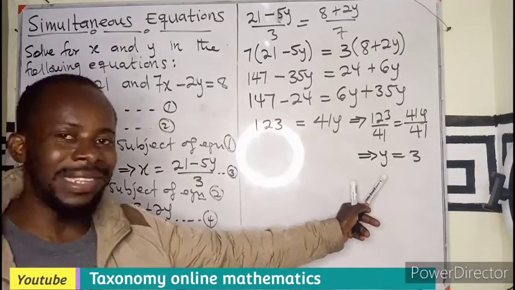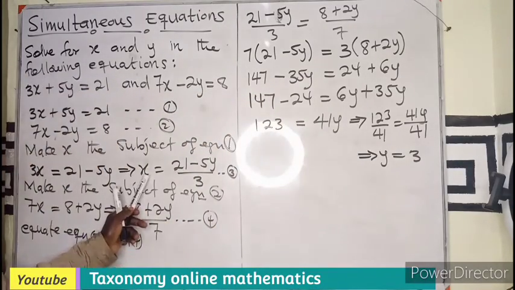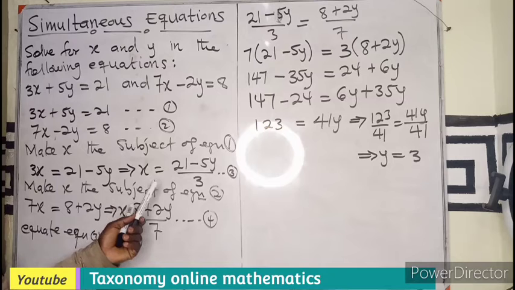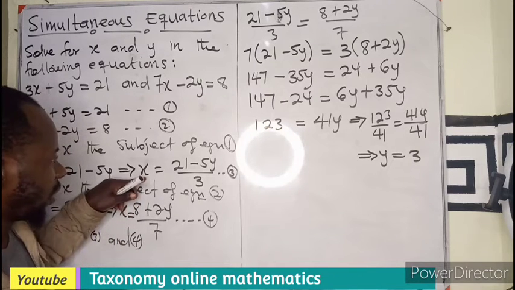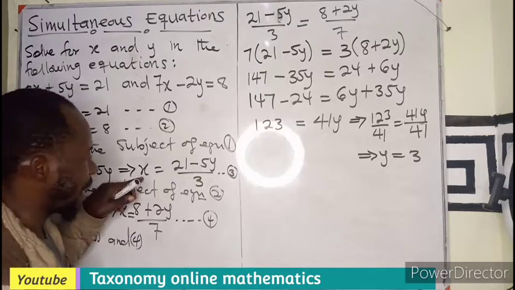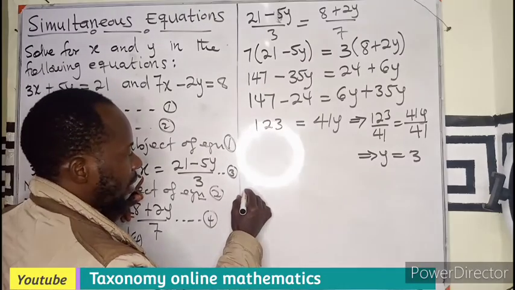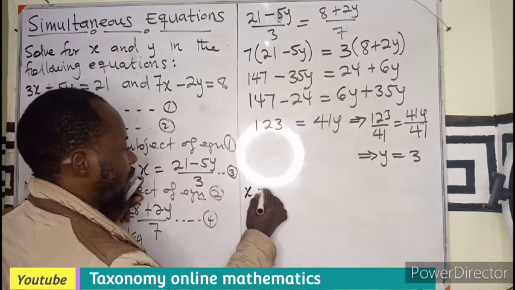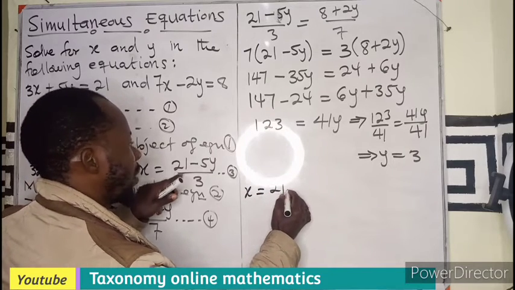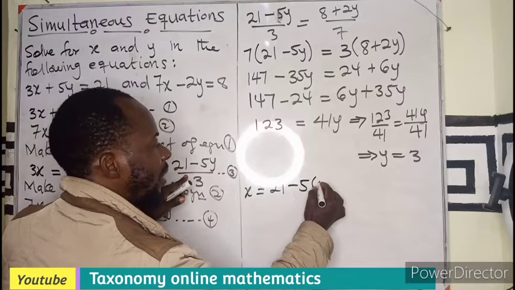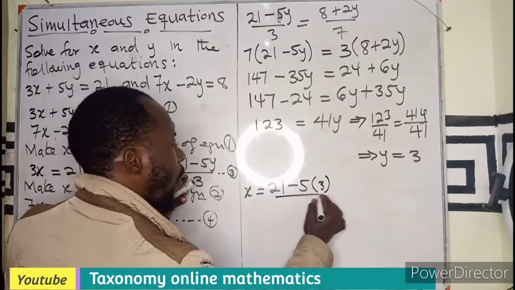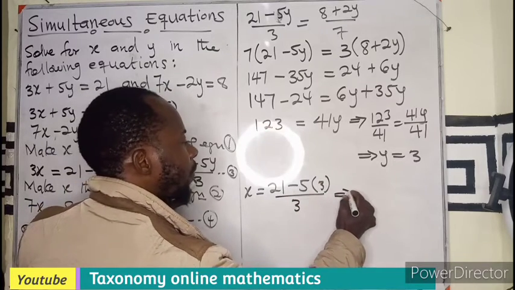Now if y is 3, I can put it into either equation 3 or equation 4 to get the x. Whichever equation you put it into, since they are the same, you get the same x. So if I put it into equation 3, that is going to be x equals 21 minus 5y, which is 3, all over 3.